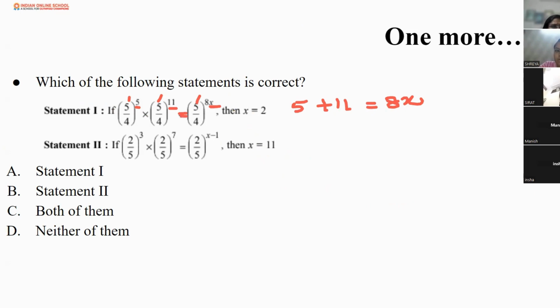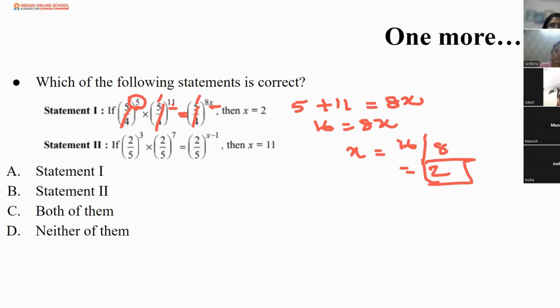Left hand side is equal to right hand side now. So if you just ignore the base, 5 plus 11 would be equal to 8x. That makes it 16 equals 8x. So what is the value of x? 16 divided by 8, that's 2. Yes, all of you? So x is equal to 2. That means my statement is correct.